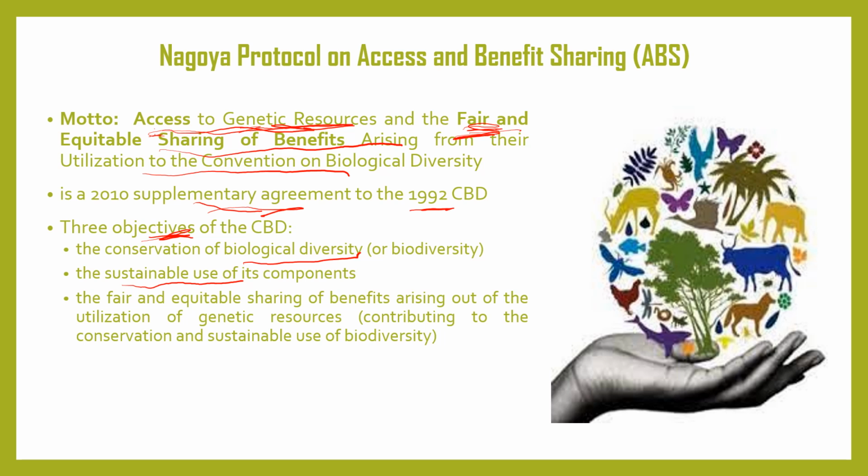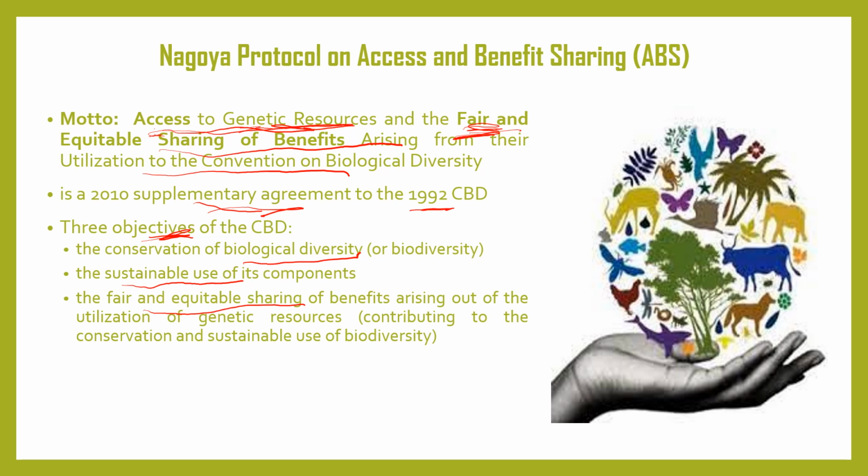Sustainable use is the use when we use it efficiently so that we do not exhaust that biological resource. We use it in a very wise way so that it is not getting endangered. And fair and equitable sharing is what I discussed in this slide.